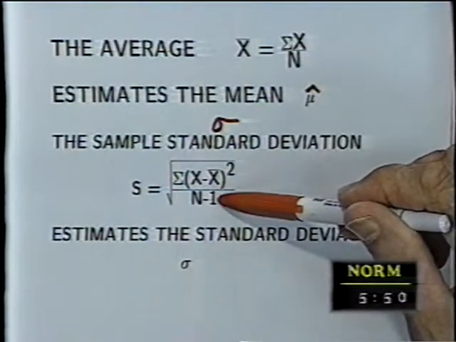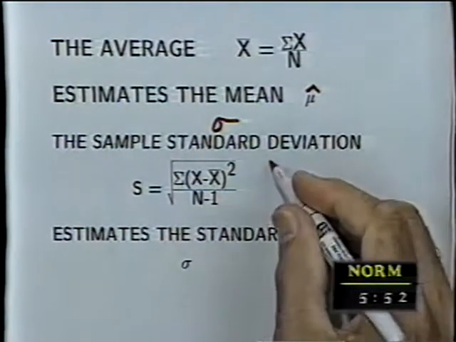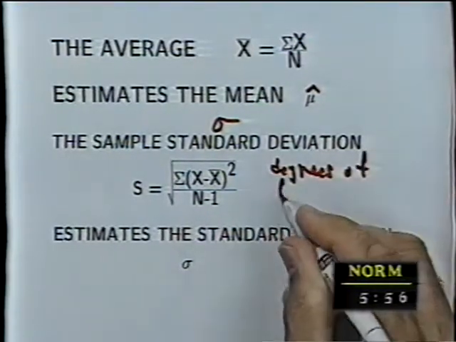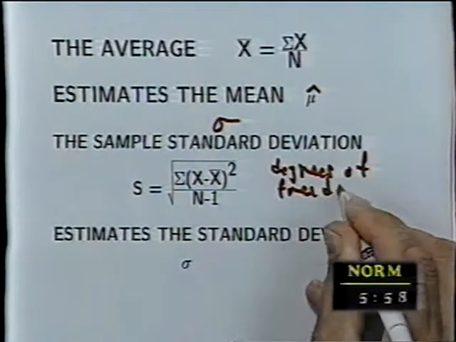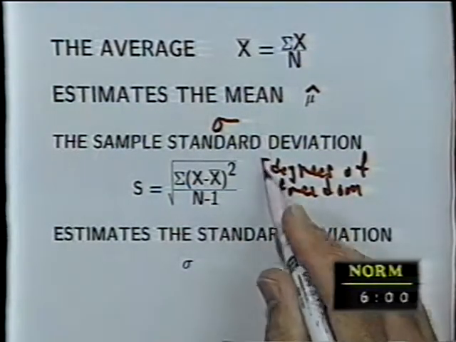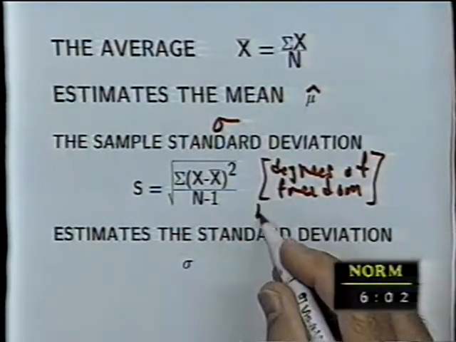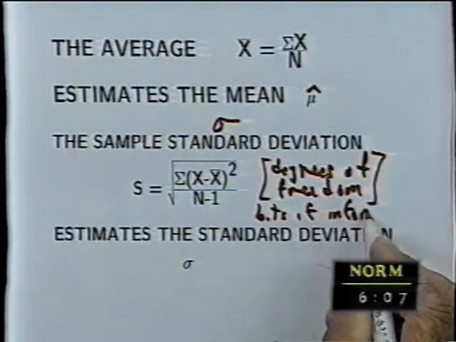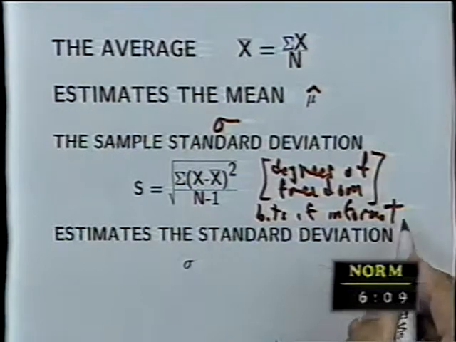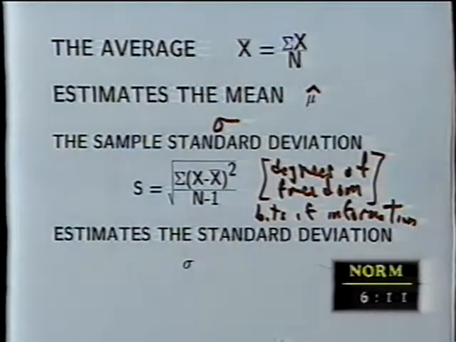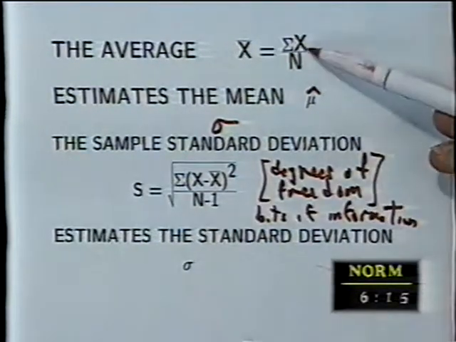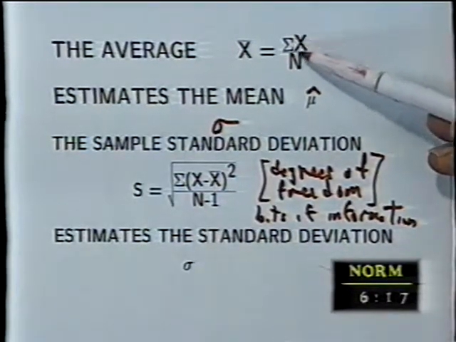N minus 1 is called the degrees of freedom. The degrees of freedom relate to the bits of information. Now, what's really happening is when you want to average something, you say, I have n observations.